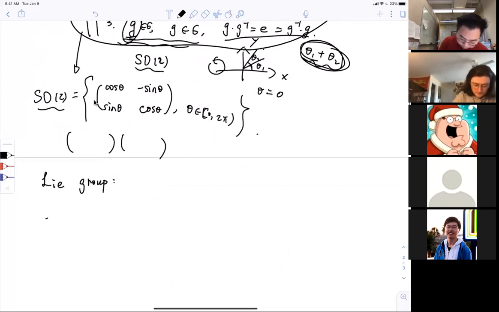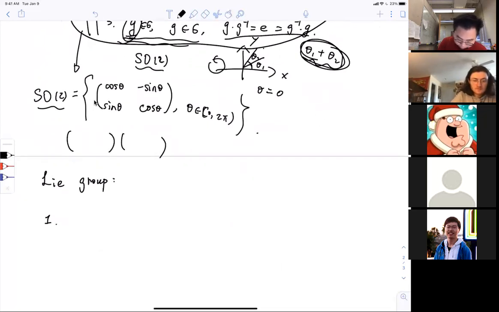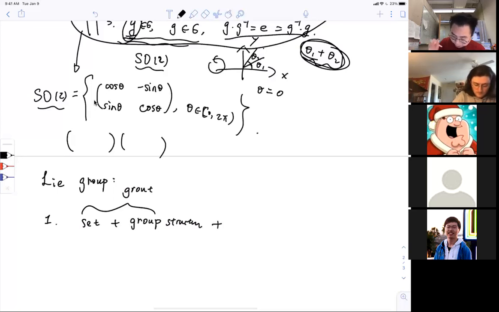So the first one: a Lie group is a set plus a group structure. This part gives us a group, right? And we also need to add a topological and also differentiable structure onto this.